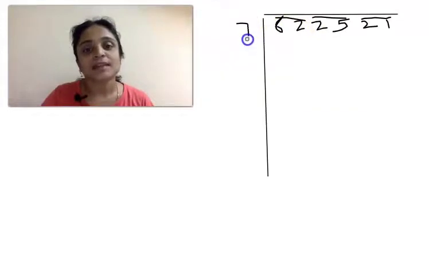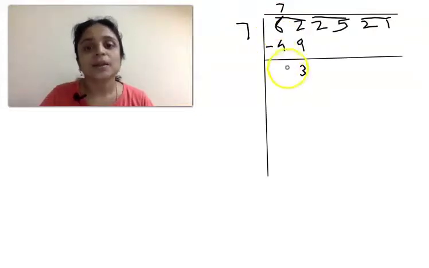So 7 is that number. 7 square is 49. 8 square is 64, which is more than 62. So 7 is that number. 7 into 7 is 49 and 62 minus 49 is 13. Now bring this 25 down.